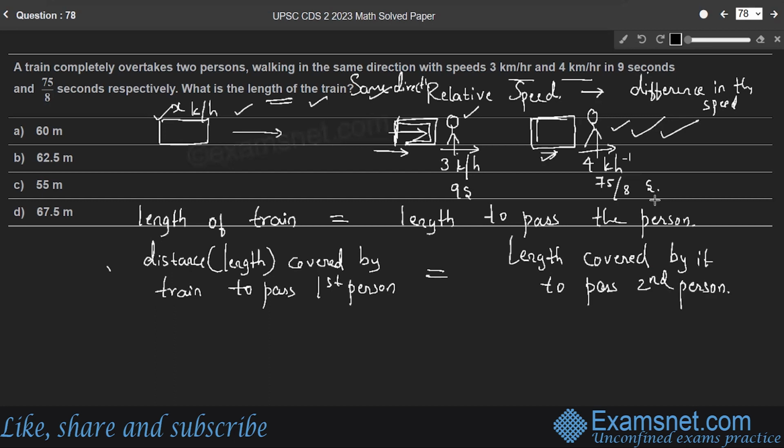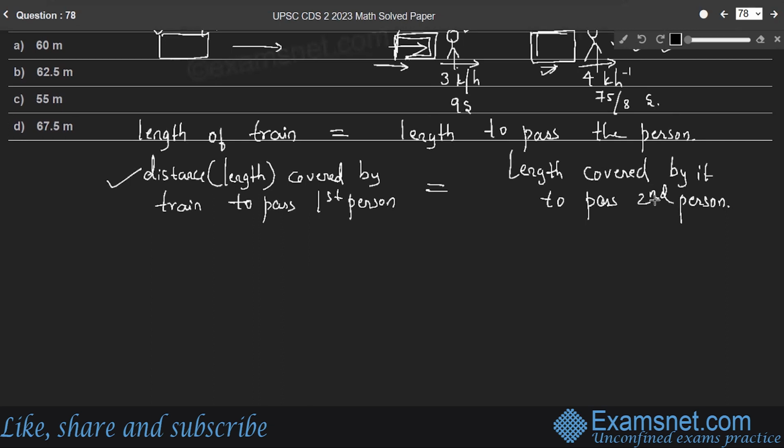So what is the distance covered by the train to pass the first person? Based on the concept of speed, since speed is distance by time, distance is speed into time. So relative speed into time for the first person is equal to relative speed with respect to the second person into the time taken to pass the second person.